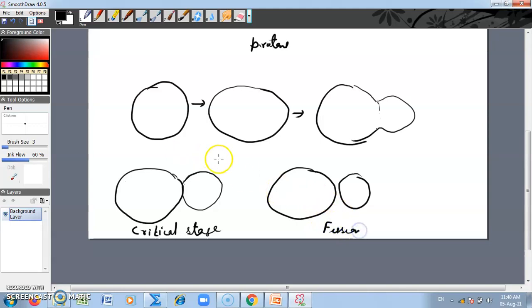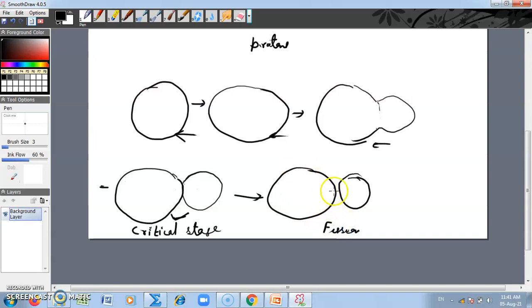But sometimes, if after reaching this particular stage the vibrations slow down, then they'll go backwards, and these two will come back together and retain the spherical shape. There are some conditions by which this can be seen, which we will not do because we require only the qualitative explanation. So this is what happens.